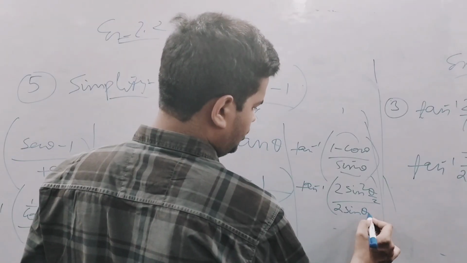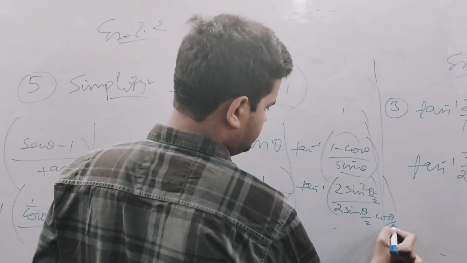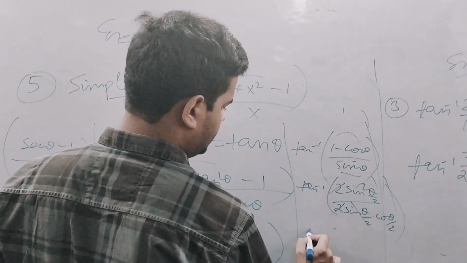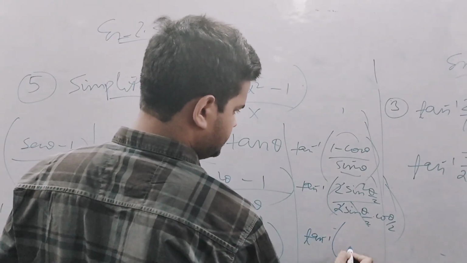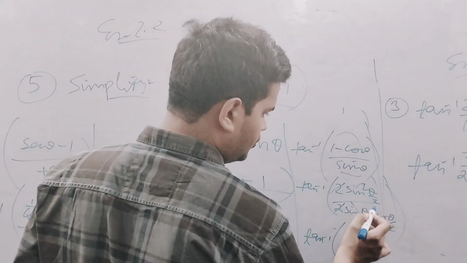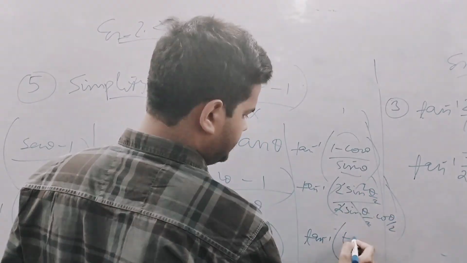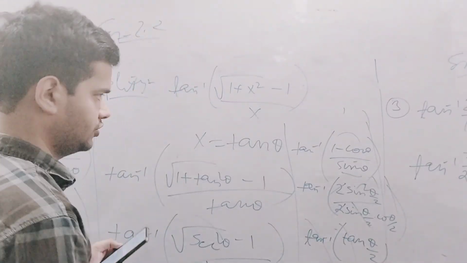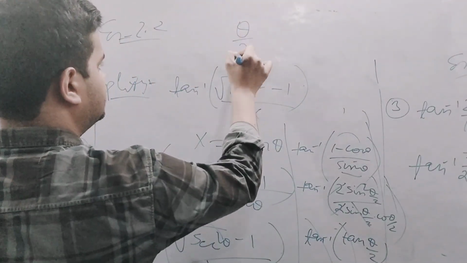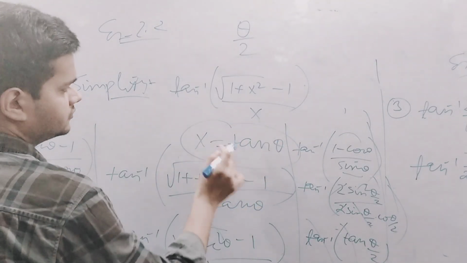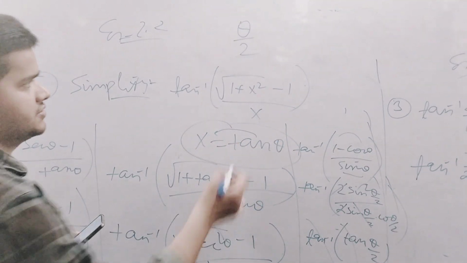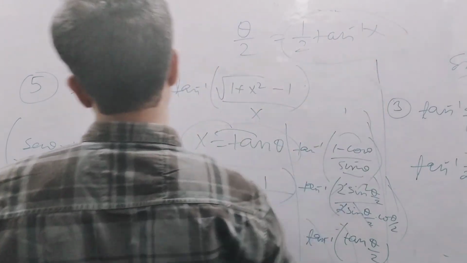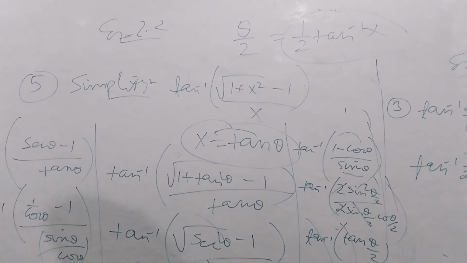This can be written as 2 sin theta upon 2 into cos theta upon 2. So 2 is cancelled out. So I'm left with tan inverse sin theta upon 2 upon cos theta upon 2, which is tan theta upon 2. So tan is cancelled out. So I'm left with theta by 2. Now what is theta from here? Theta is tan inverse x. So this becomes half tan inverse x. Okay, please note it down.